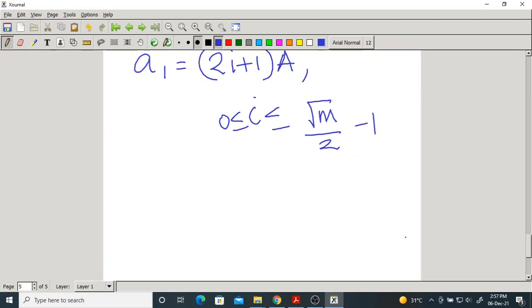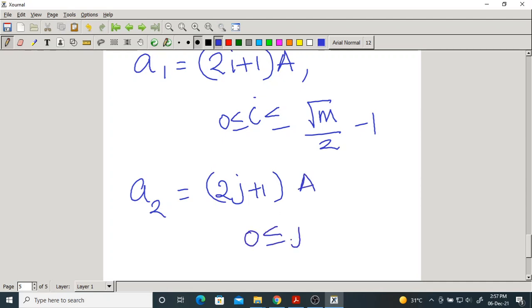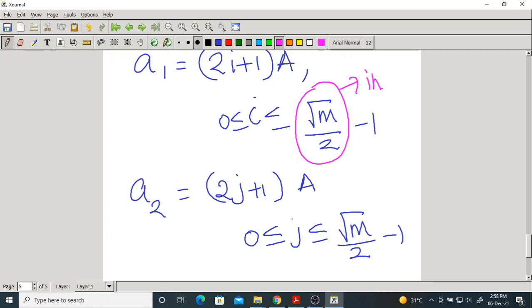Another one, A2, is also defined as (2j plus 1) times A, where 0 less than or equal to j less than or equal to root M by 2 minus 1. Obviously this should be an integer. Make sure that this is an integer. If not an integer, you take the nearest integer.